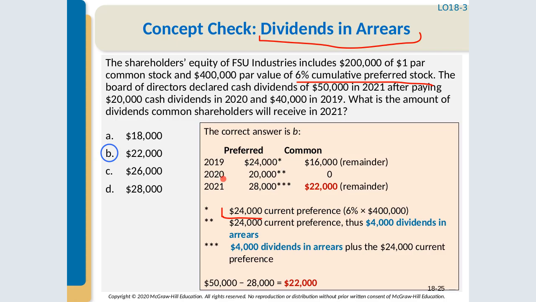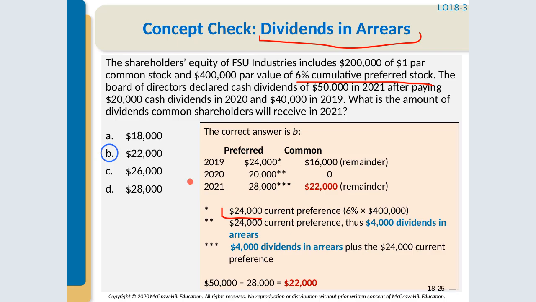For 2020, we came short because we were supposed to get paid 24,000, but the corporation only declared 20,000 of dividends. So this 4,000 is going to carry over because it's cumulative until we have sufficient funds to cover whatever is in arrears.